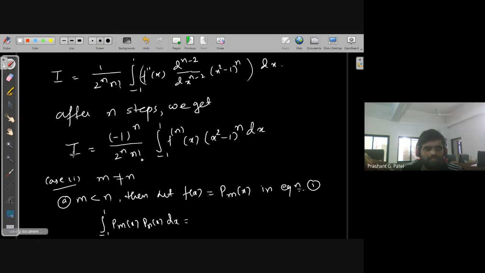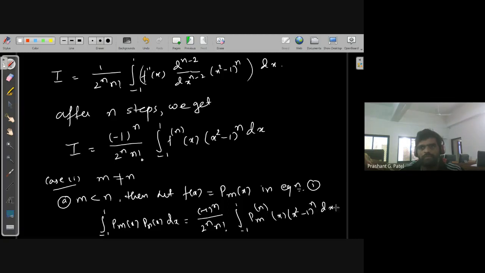Because this quantity is from the equation 1 we have written on this side, instead of f we have pm of x, that is, the nth derivative will come here. So this is minus 1 raised to n upon 2 power n into n factorial, integration from minus 1 to 1 of the nth derivative of pm times x square minus 1 raised to n dx is there.